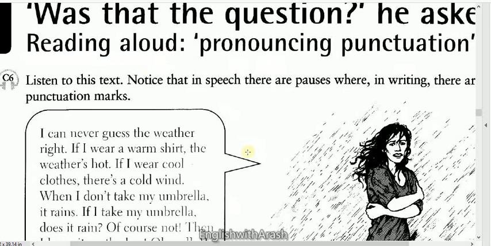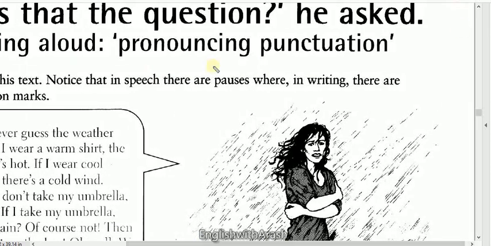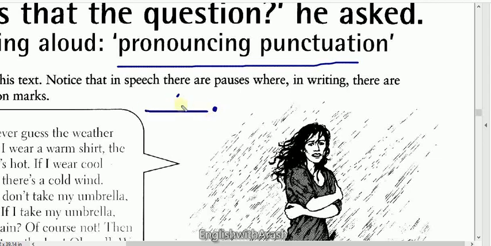It says pronouncing punctuation. The next thing you need to know is to pronounce punctuation. Okay, so if there is a period here and there is one sentence here and another sentence here, sentence number 2, this means that you're going to stop here for a second at least, and then say the second sentence, because there is a period here, and that means you have to pronounce the punctuation.